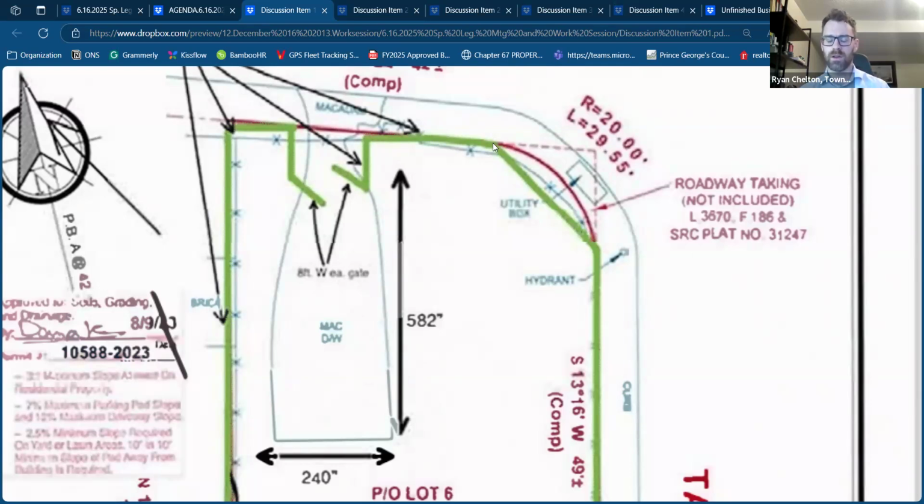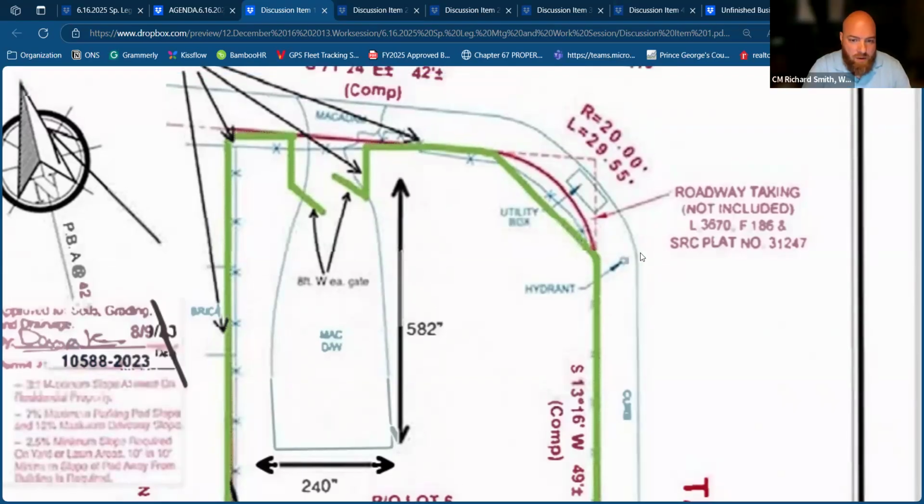I confirmed earlier today with the reviewer of these plans, Tracy, that this was because of the variance status of this project. One of the items that received the variance was the triangle. So now it's 20 feet on one of these triangle legs and 29 feet on another. I couldn't get a clear answer on which one was which, but one of the triangle legs here is 20 feet and the other one is approximately 30 feet.